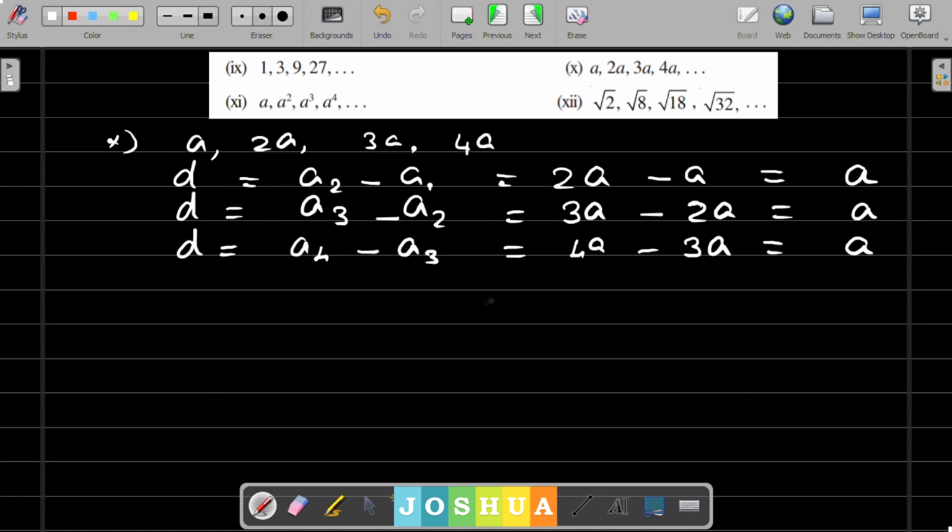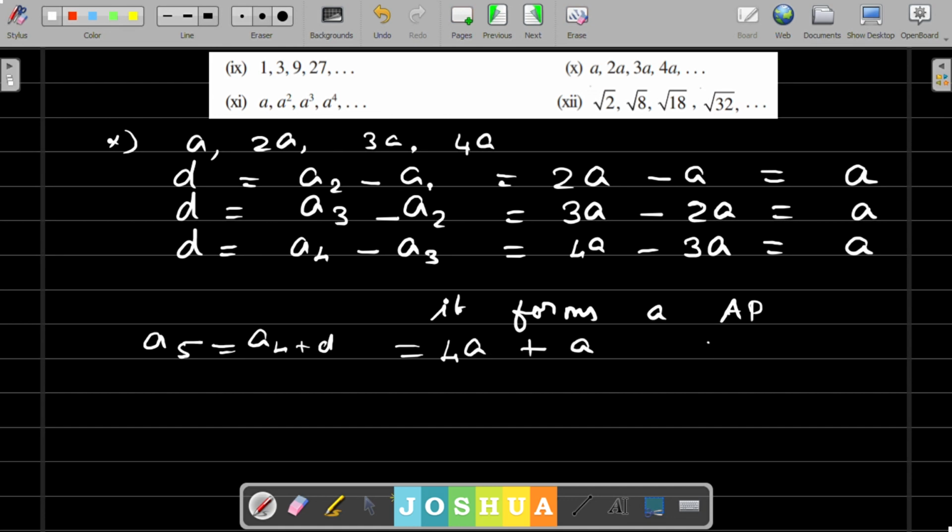So in this case the common difference is the same, so it forms an AP. I can easily find the next three terms. A5 is equal to A4 plus D. A4 is 4A and the difference is A. So 4A plus A is equal to 5A. The sixth term A6 is the fifth term plus difference.